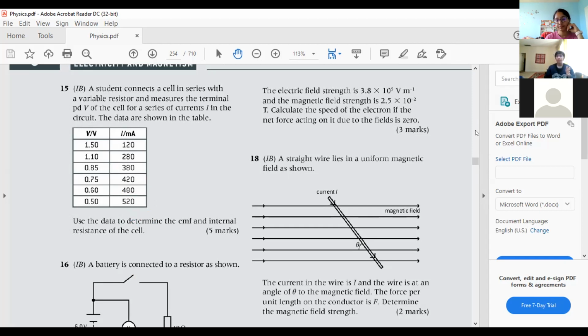But in an electric field, if it's a positive charge, the force is parallel to the electric field because force equals Q times E. Yes, if force and displacement are perpendicular, then your work is 0, but that doesn't have to do with the force.